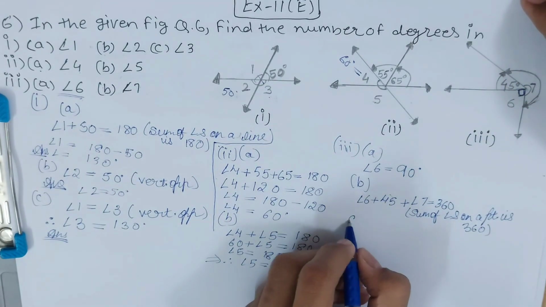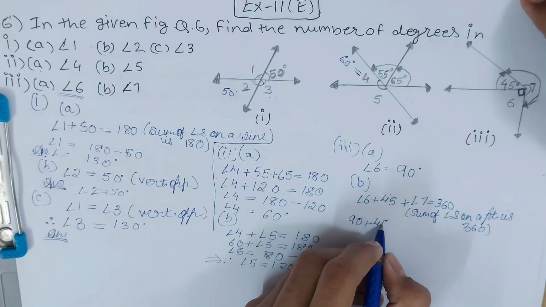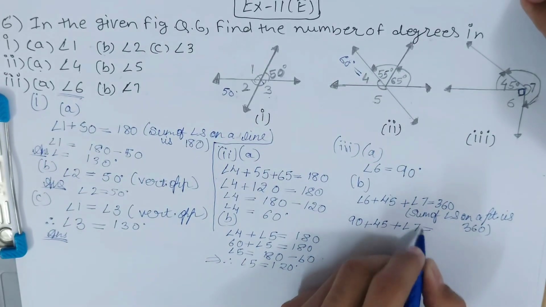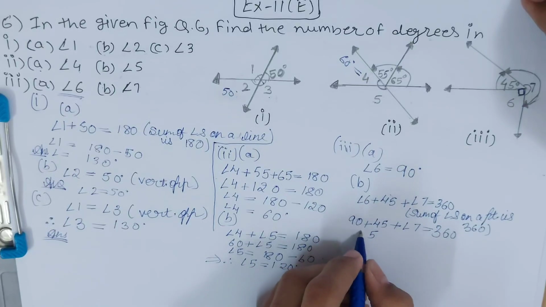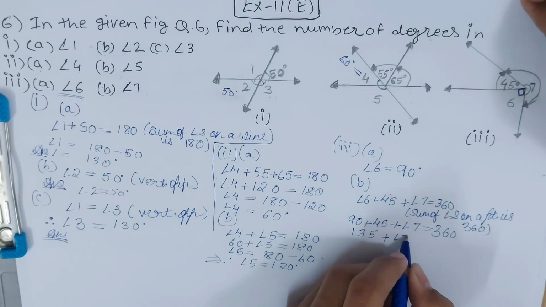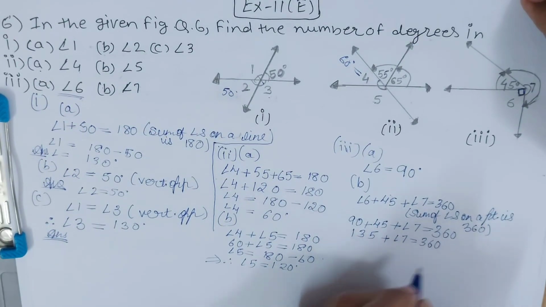Angle 6 is 90 plus 45 plus angle 7 is 360. 90 and 45, 5 here, 9 plus 4 is 13, so 135 plus angle 7 is 360.